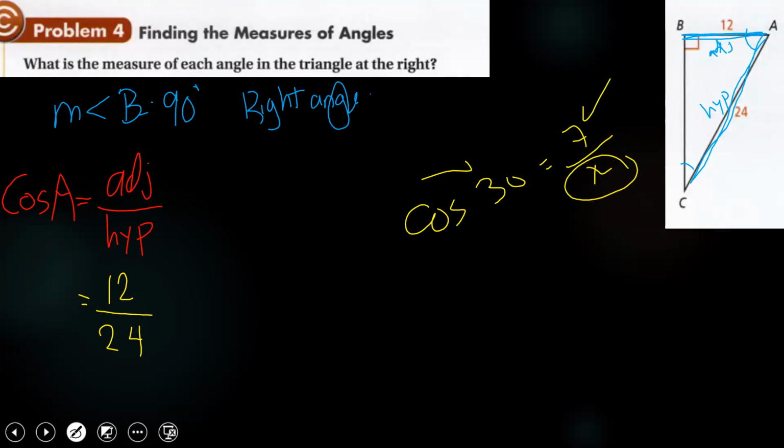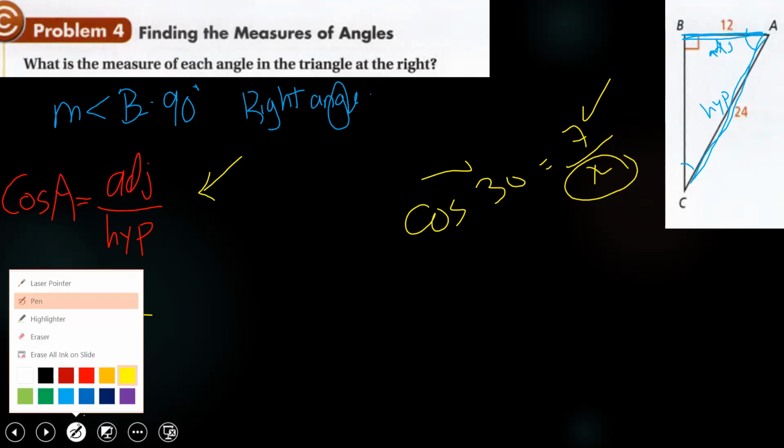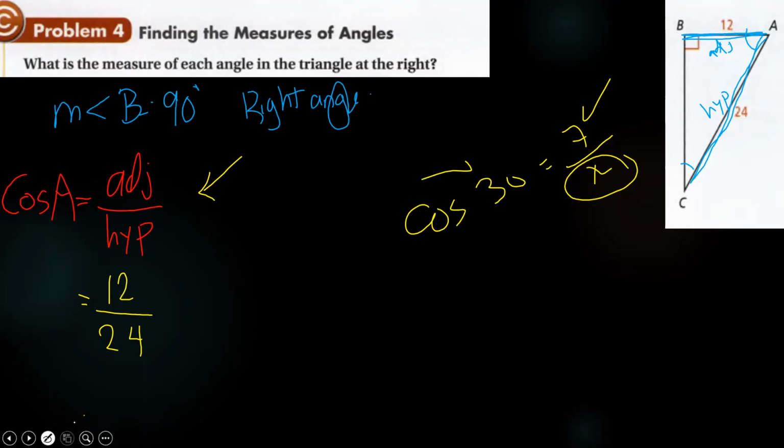But now here I have the adjacent, I have the hypotenuse, but I don't have cosine A. What can I do? To solve this type of question, I need to use something we call cosine inverse.